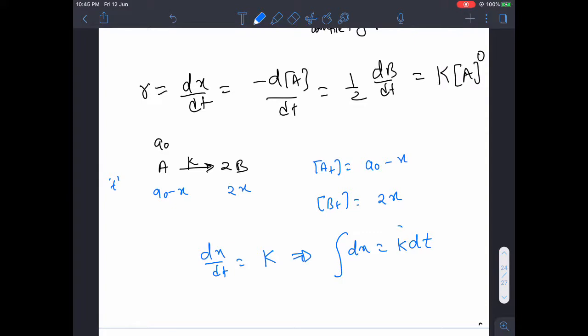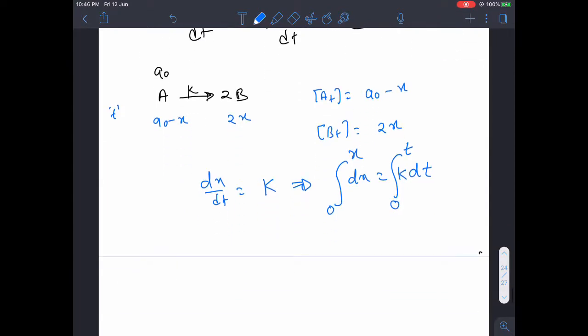So at t is equal to 0, when the reaction has just started, what was the value of x? Obviously at t is equal to 0, the reaction has not started, so x will be 0. So it will start from 0, and at general time t it will be x.